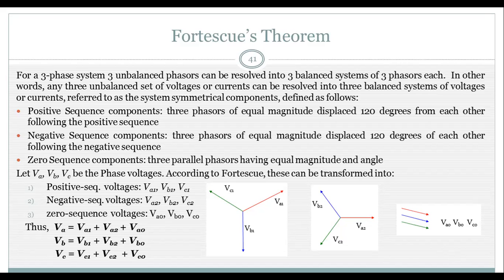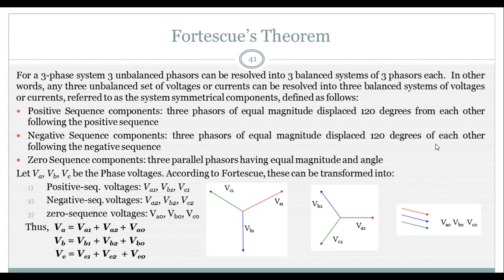We denote it by 0, that is VA0, VB0, VC0 for voltage, and IA0, IB0, IC0 for current. So these are the three symmetrical components we introduce to solve our unbalanced vectors to calculate the short circuit current or voltage.